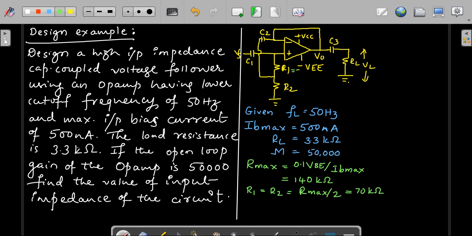So this is 70k and this is also 70k. R max is 140k. We have assumed R1 to be equal to R2. Therefore R1 equal to R2 is equal to 70 kilo ohm.